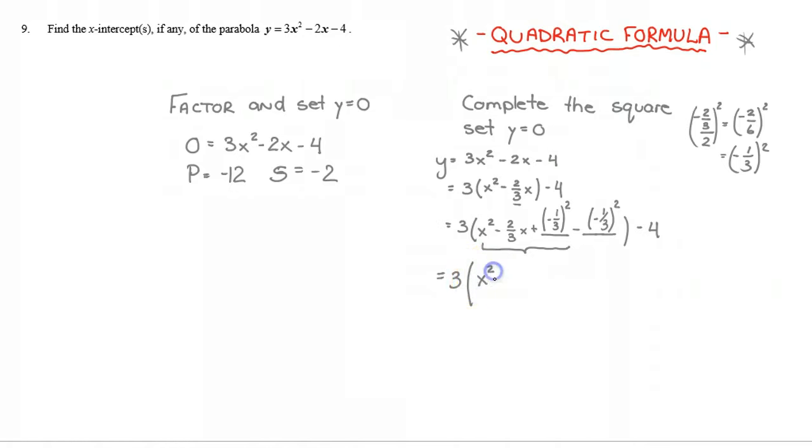When I factor this trinomial, it factors to x minus 1 over 3 squared. See why that's nice? You could square that and get 1 over 9, but then you have to think about what it factors to. Now I'll square the second one, so minus 1 over 9 minus 4.